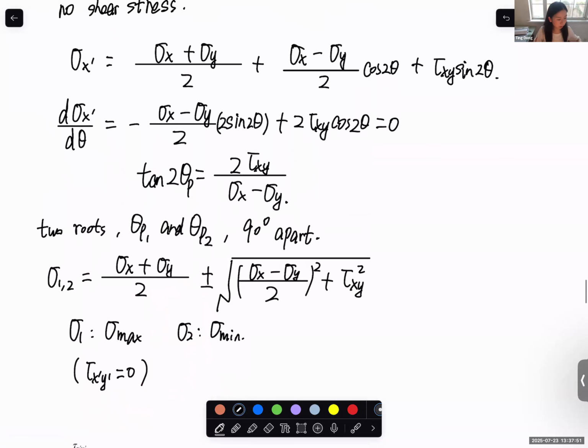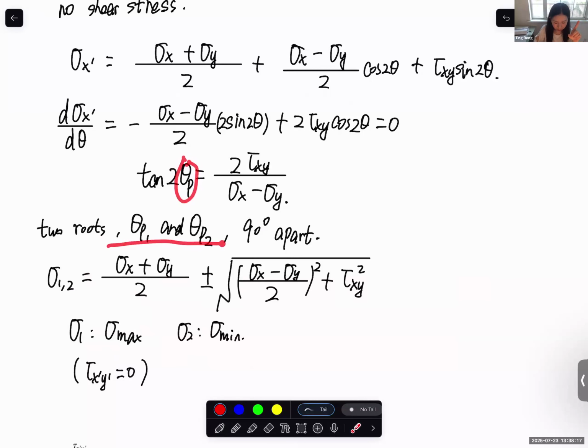So this is the principal stresses derivation. The basic idea is very simple. It's just taking the first derivative with respect to theta equal to 0. We get theta p, which is the orientation of this square element when the normal stress reaches an extreme value.